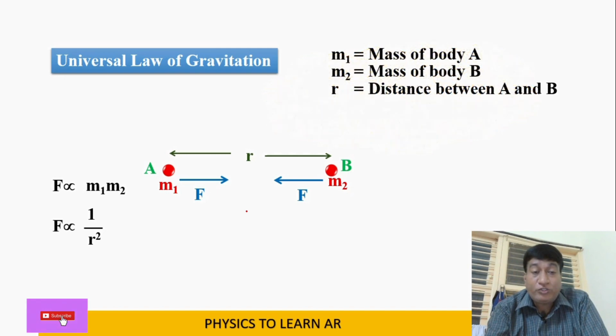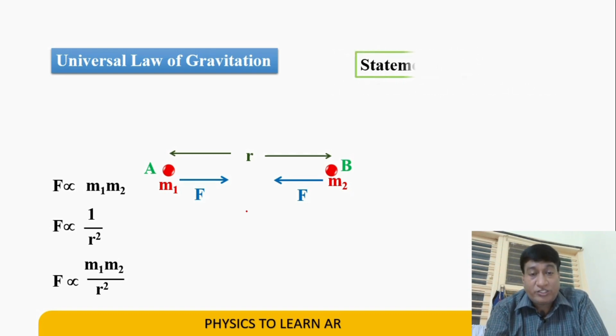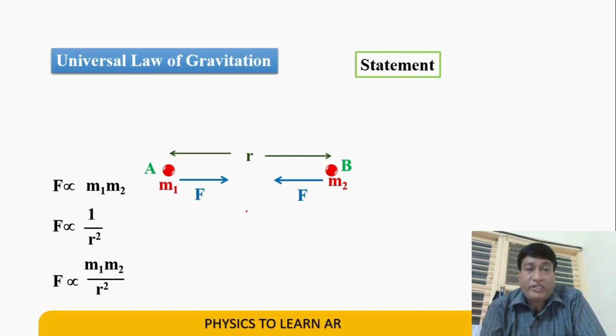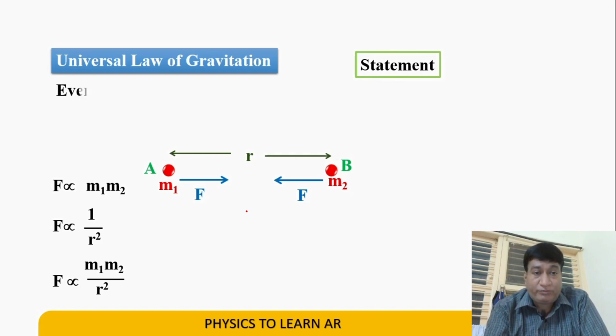By combining these two relations, we get F is directly proportional to m1 m2 by r square. To remove the proportionality, we use a constant, which is the universal gravitational constant. With this, we can state the universal law of gravitation.